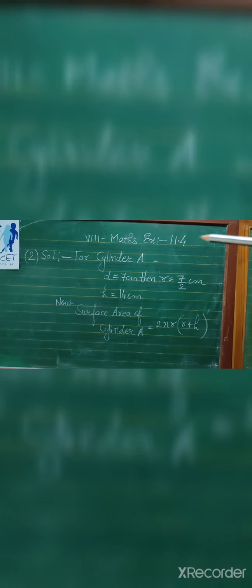Now we are calculating surface area. For cylinder A, D equals 7 centimeter, then r equals 7 by 2. You can write the formula in the bracket, r equals D by 2. H equals 14 centimeter. Then surface area of cylinder A is equal to 2 pi r times (r plus h). Value of pi is 22 by 7, value of r is 7 by 2, in the bracket r plus h, 7 by 2 plus 14.